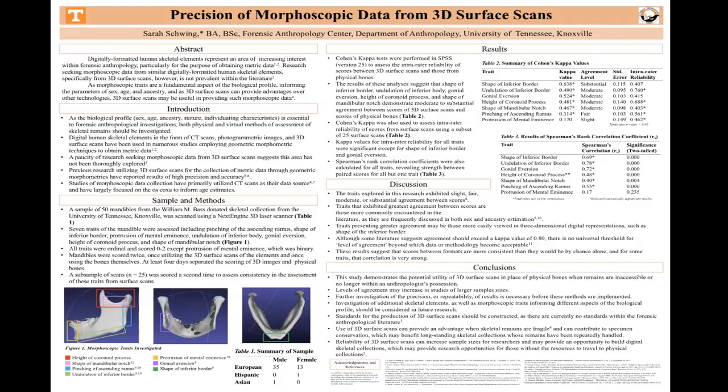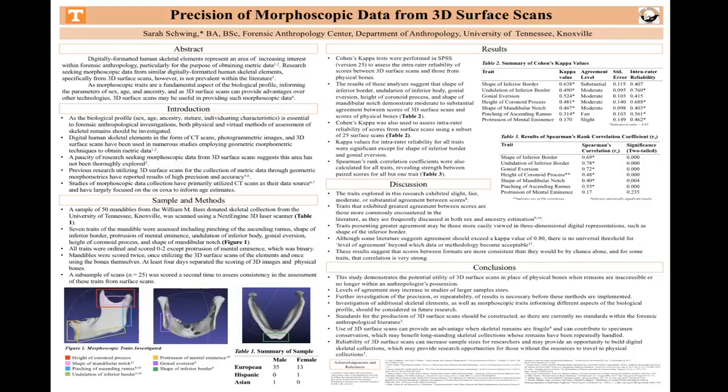So typically, skeletal remains are assessed in person. We use dry bones to create this biological profile to estimate age, sex, ancestry, stature, etc. But over the past couple of decades, there has been increased interest in these virtual methods. So what I did for this research was look at the precision of morphoscopic data from 3D surface scans.